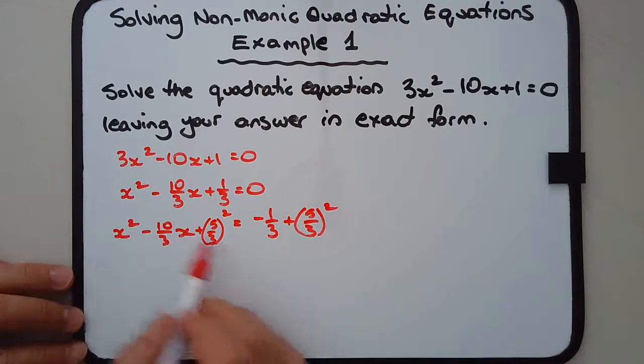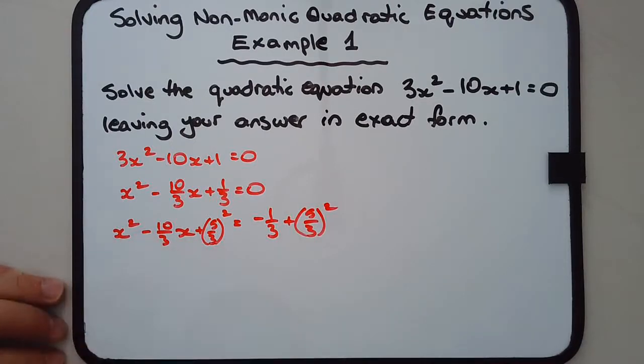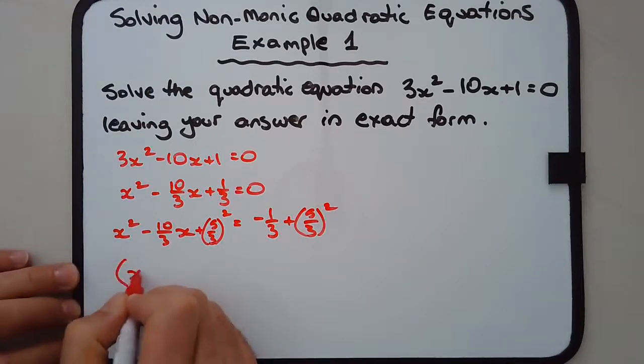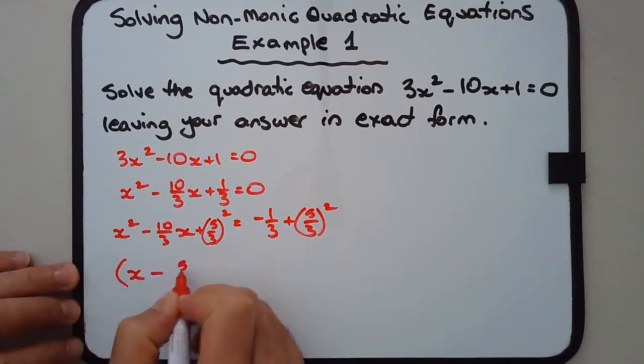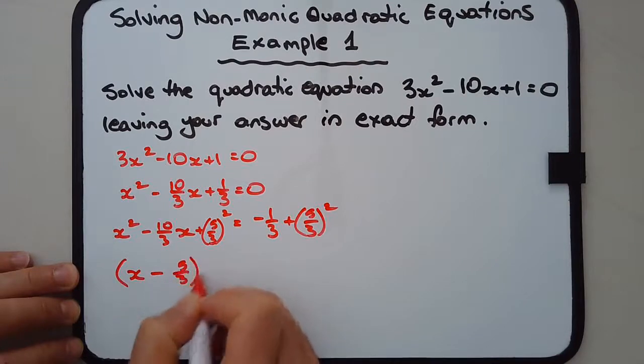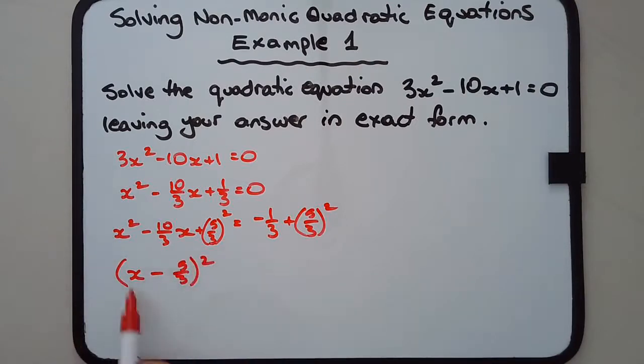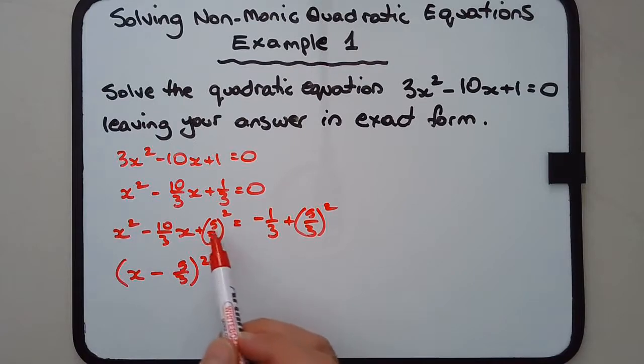So now the left-hand side can in fact be expressed as a perfect square. This is really the perfect square, x minus 5 on 3 squared. And hopefully you agree with this, because if you expand this perfect square, you'll have x squared, you'll have 5 on 3 all squared as the constant term, which is 25 on 9, and then you have double the product of the terms in the binomial.